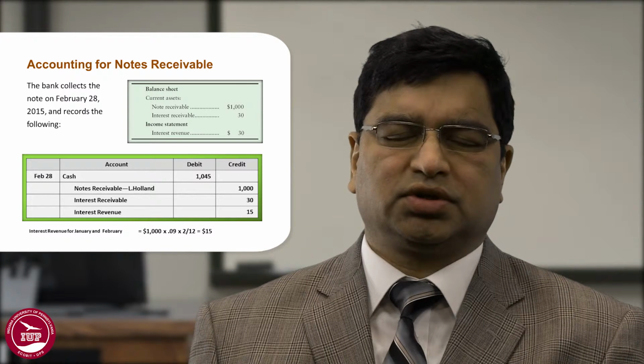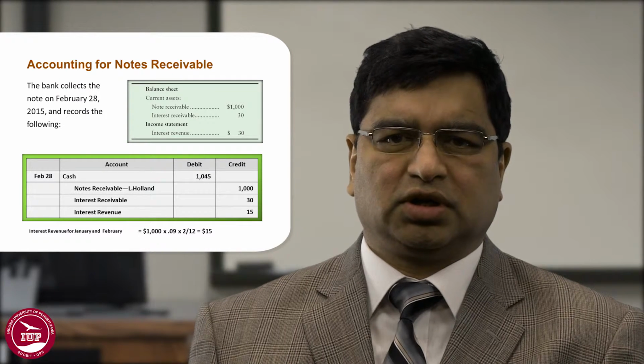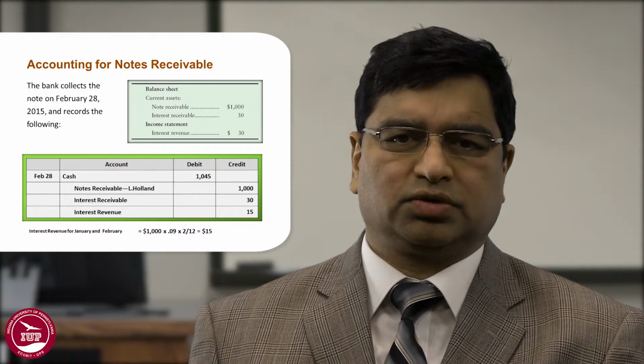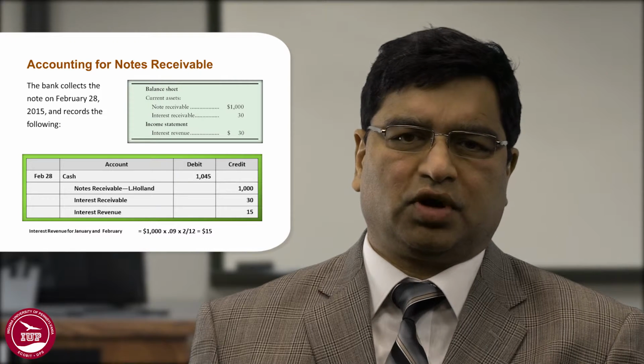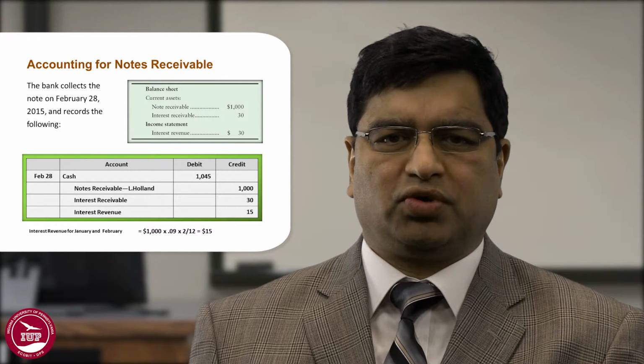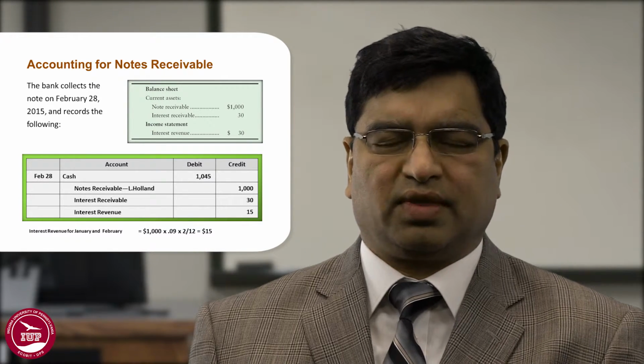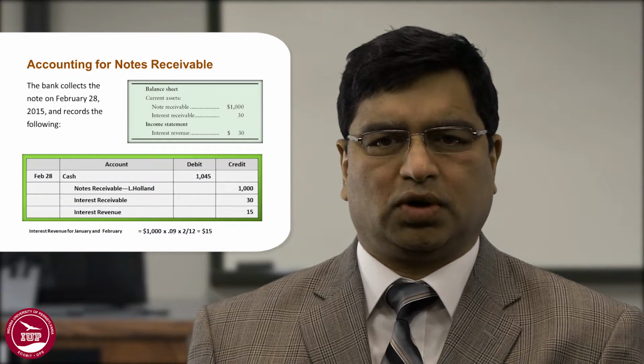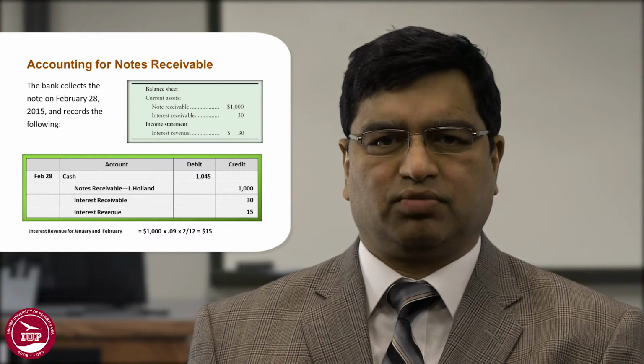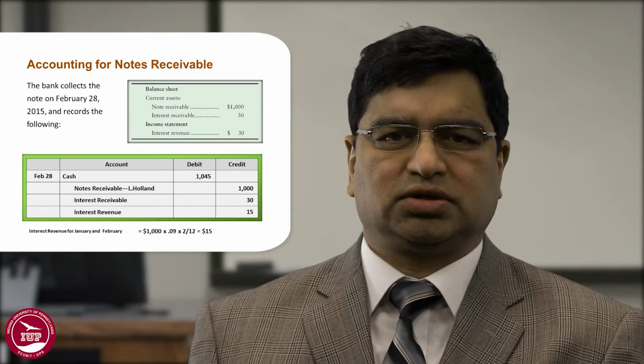So $1,000 at 9% for 2 months gives you $15. Please note, instead of 12 months, we are computing the interest just for 2 months. So that's why we multiplied by 2 over 12, and that gets to $15. And it is recognized as revenue.